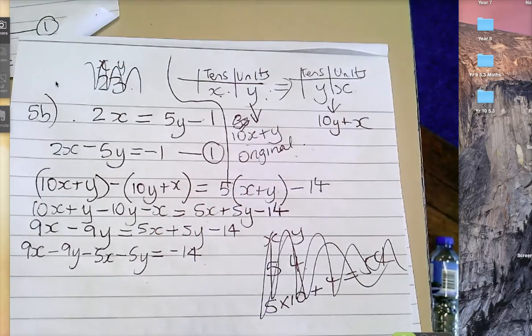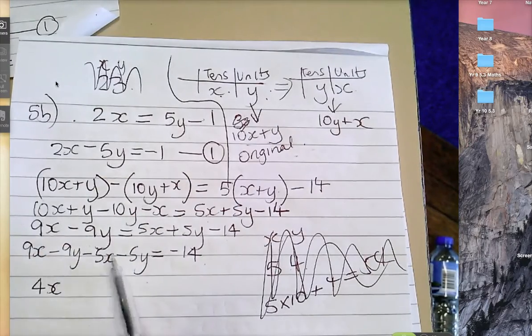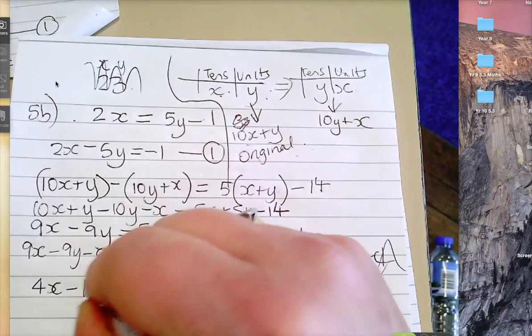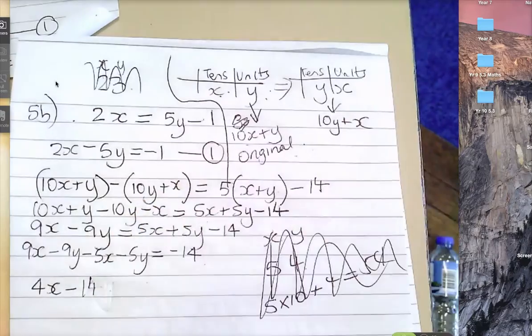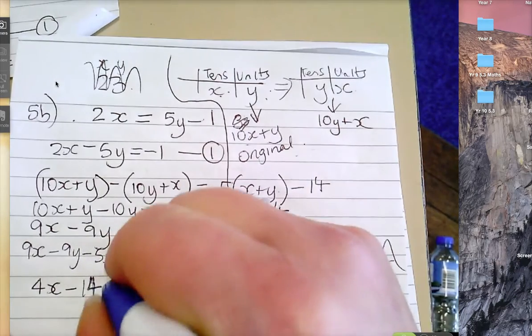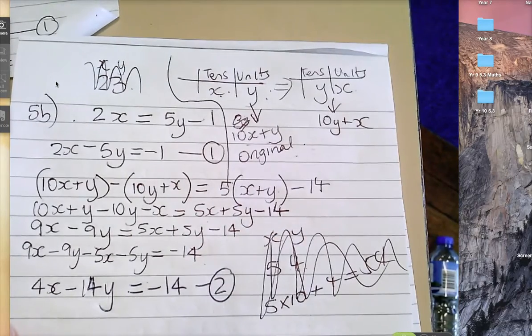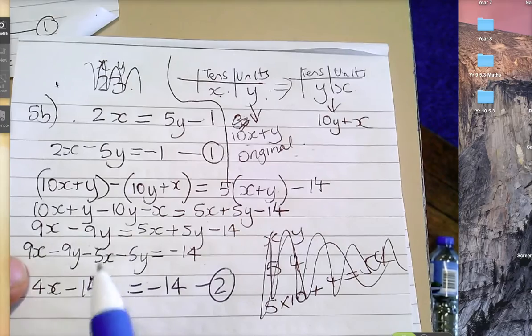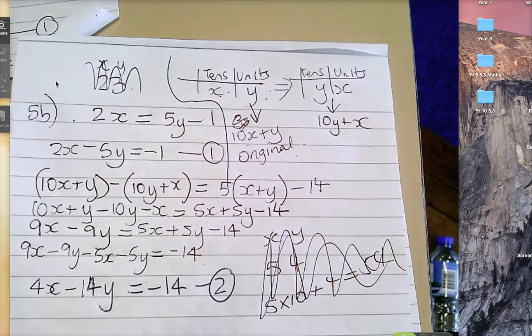I'm taking all the x's over. 4x minus 14y equals negative 14, equation 2. Miss, 14x or 4x? 9x minus 5x is 4x. Minus 9y minus 5y is minus 14y. Equals negative 14.